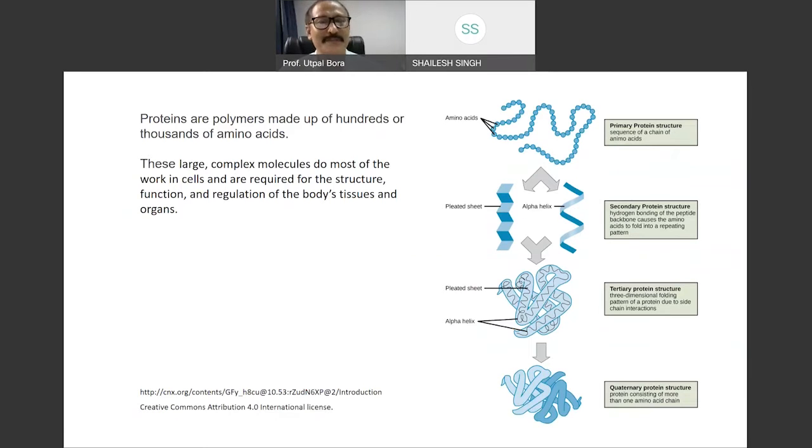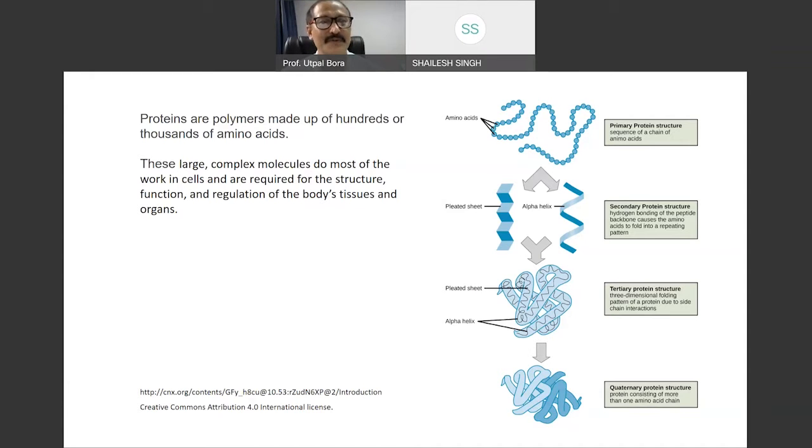Now let us go to the protein molecules, about whom we are going to discuss how these proteins bind to the nucleic acids. As I already told you, a protein may be composed of hundreds or thousands of the building blocks, the amino acids. They are very large complex molecules and do most of the work in cells and are required for the structure, function, and regulation of the body's tissue and organ. And most of us consume a lot of protein every day.